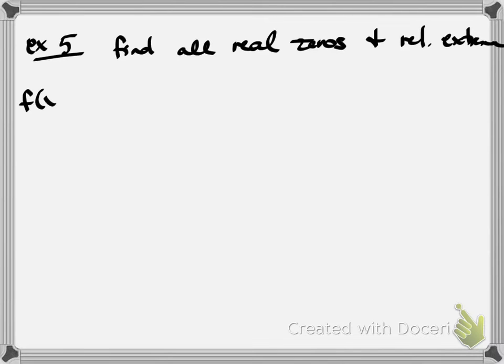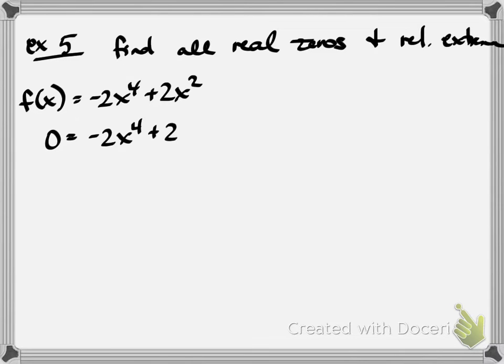So we have f of x equals negative 2x to the fourth plus 2x squared. If we want to find the zeros, then f of x would be 0. So we'll replace that. The first thing you're going to do is look for your greatest common factor. They both have a factor of 2, and they both have at least x squared they can take out.